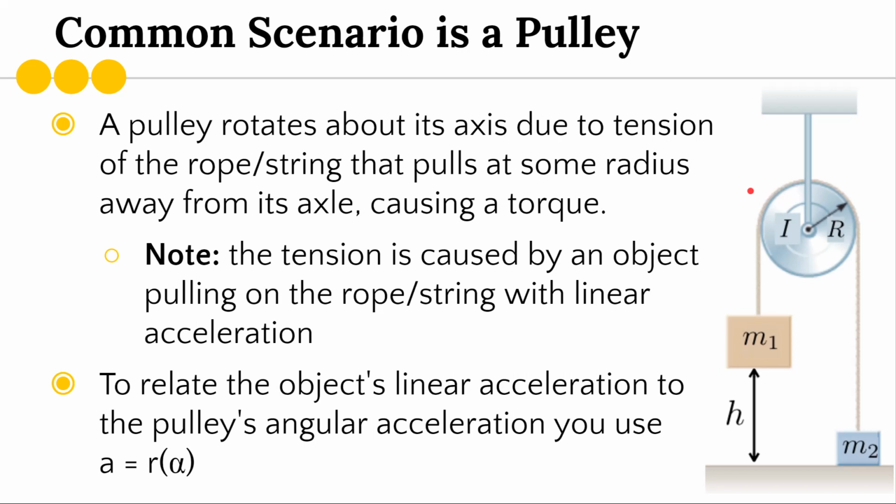Note that the tension is caused by an object pulling on the rope or string. If you're looking at the acceleration of the objects that are falling or rising, it's technically going to be a linear acceleration. It's just the wheel itself that's going to give you that angular acceleration value. To relate an object's linear acceleration to the pulley's angular acceleration, we do have equations to relate the two.